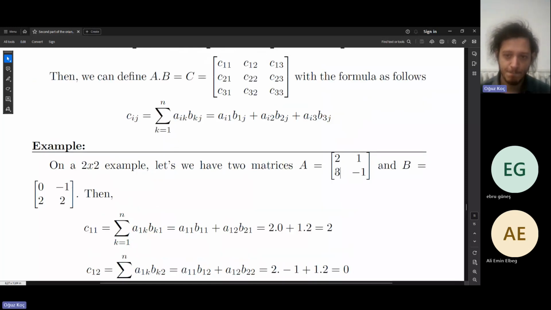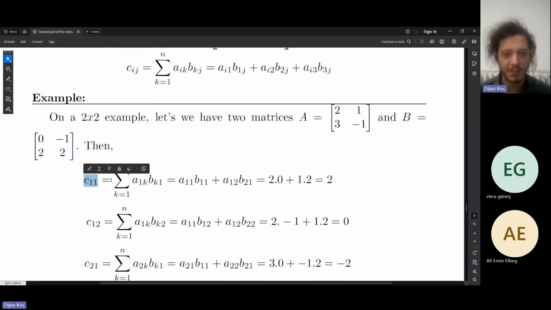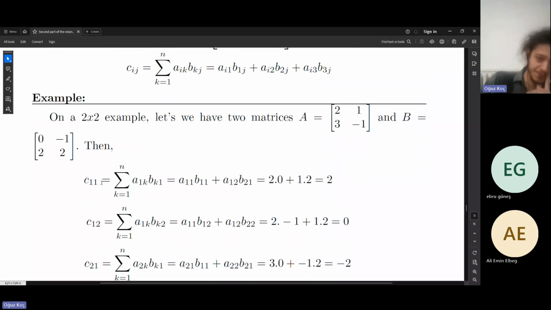Similarly, if we want to calculate the multiplication of A and B, we assume that it is equal to matrix C. Since our matrices are 2 by 2, we get a 2 by 2 matrix here, which is the C matrix, and the first element of the C matrix is C11.